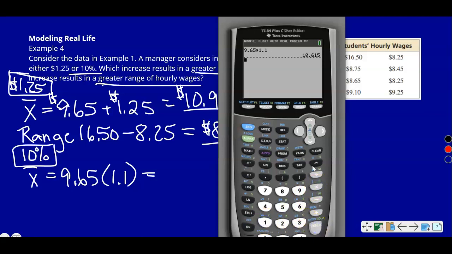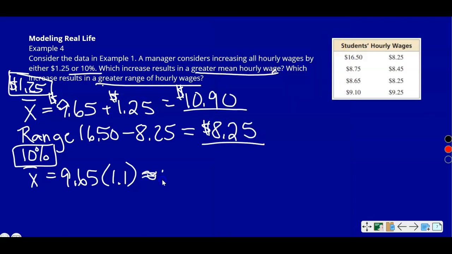Remember, if you do just the 0.1, it's going to give you 10% of this value, which would be a smaller amount. You obviously don't want to make less money. So it's about $10.62. That's with the 10% increase.